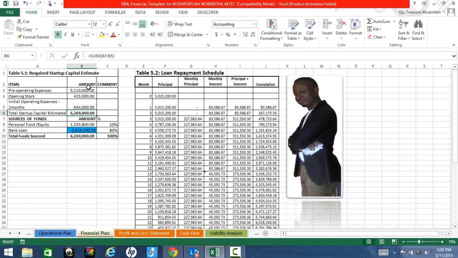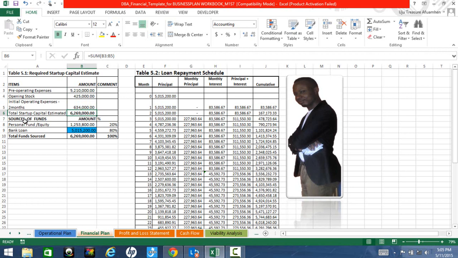That means it is the summation of what we have here, what we have here, and what we have here. In other words, the operating expenses for the first 2 months, the opening stock, and the pre-operating expenses gave us the total startup capital. That's based on our estimation.